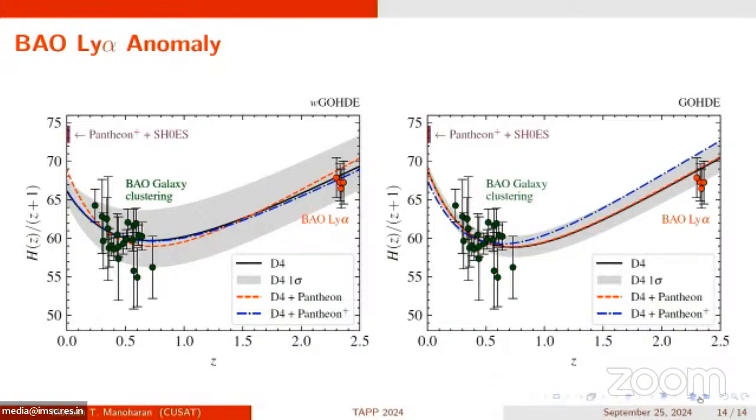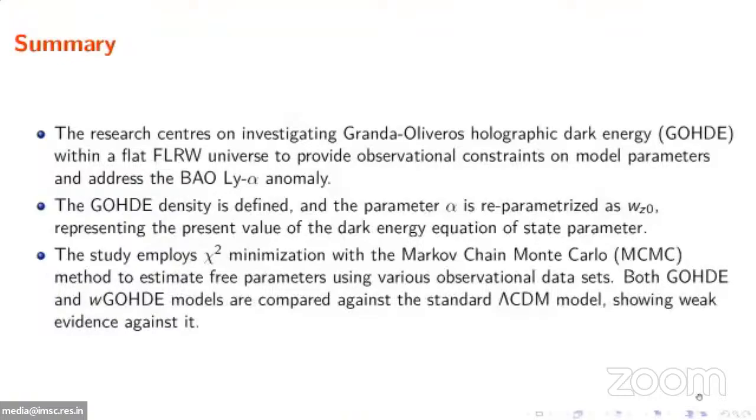Although this holographic dark energy may not be the final answer for everything, and we can still find ways to say that this construction may not be the most appropriate one, nevertheless, the fact that it relaxes the tension around redshift 2 and above has been addressed recently in several other works, with the common feature that the dark energy is negative. So with that, I conclude this presentation. Thank you.